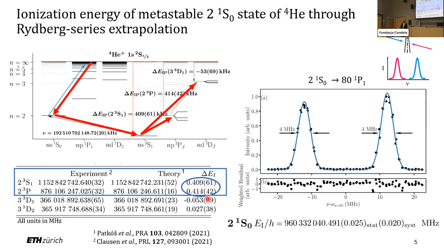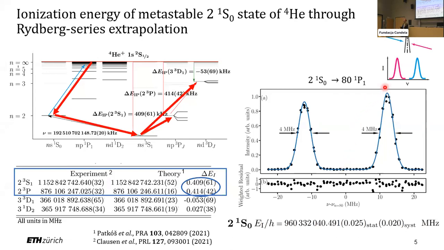Okay, so I will give you a few words of introduction into how we perform our measurement. This is a typical spectrum, in this case measured to the nP Rydberg state. Our spectrum consists of two peaks, which come from two Doppler components.